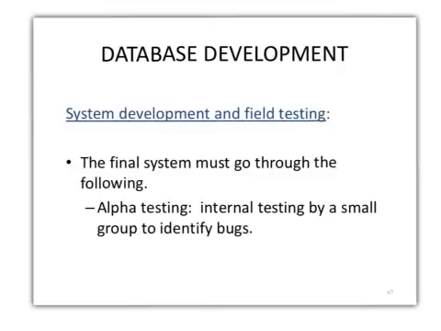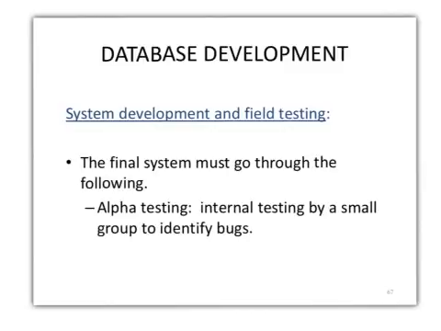Also, as I mentioned before, under the system development and field testing, we need to go through several tests among the engineers who will be dealing with the developed database system before we finally conclude that this system is working 100% right. That's why the final system must go through the following.